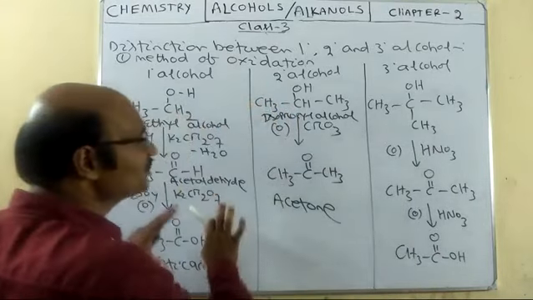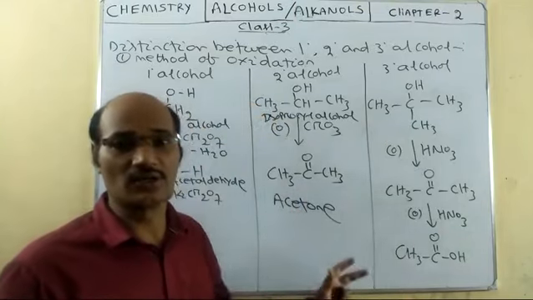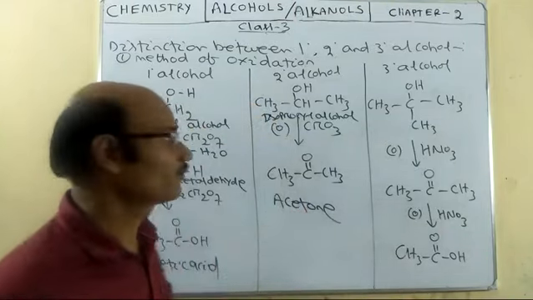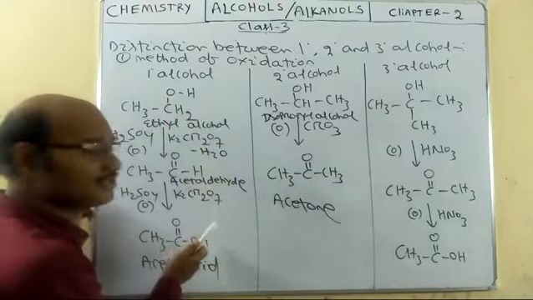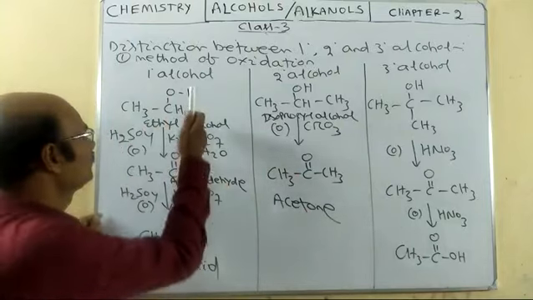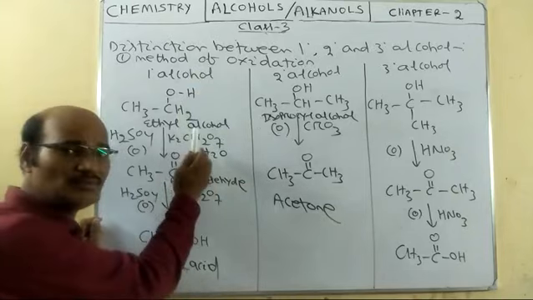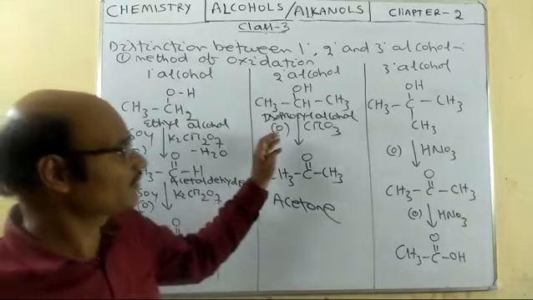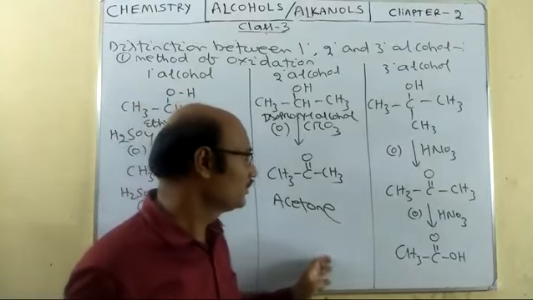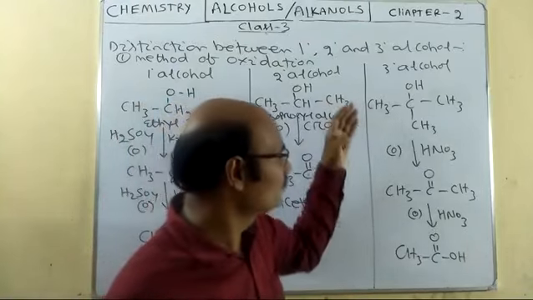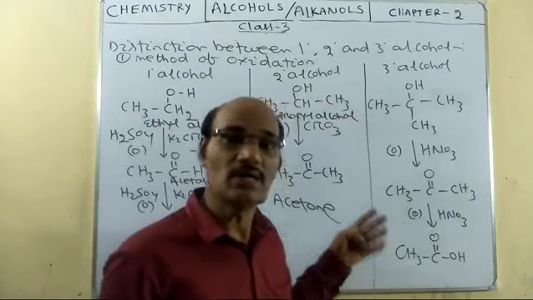So this distinguishes the primary, secondary and tertiary alcohol by the method of oxidation. Okay, primary alcohol on oxidation with the oxidizing agent first gives aldehyde, then gives acid, and the number of carbon atoms remains the same. Secondary alcohol gives ketone, and the number of carbon atoms remains the same. Tertiary alcohol first gives ketone with one carbon less, then acid with another carbon less.